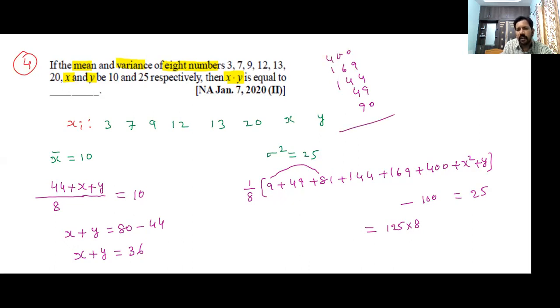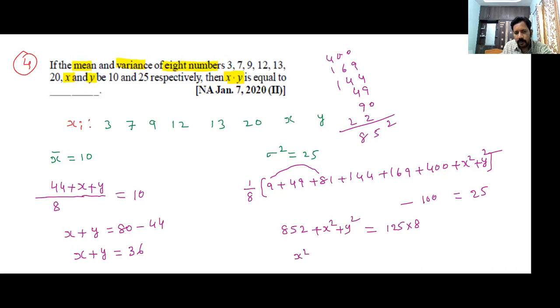Add 9, 9, 18. 18 plus 4, 22. Then 10, 25, 6, 7, 8, 852. These values should be 852 plus x square plus y square.